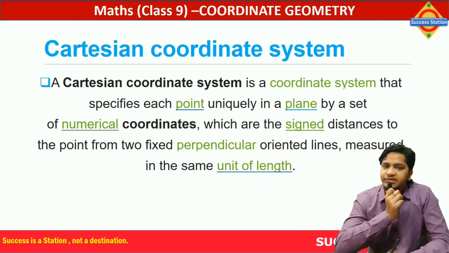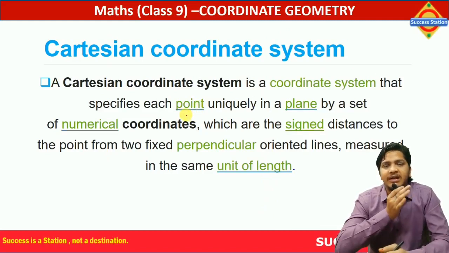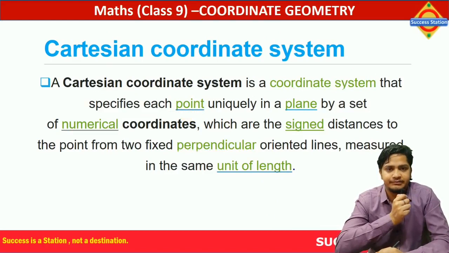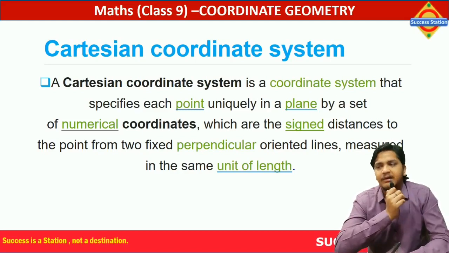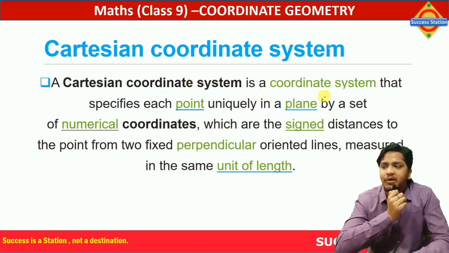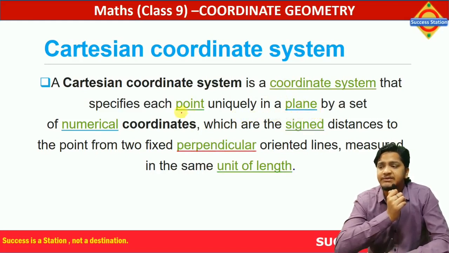Sure. So this is what is called as Cartesian coordinate system. Okay? René Descartes was his name. So Cartesian came from that only. Cartesian coordinate system. Okay? So Cartesian coordinate system is a coordinate system that specifies each point uniquely in a plane. A system that specifies each point uniquely in a plane.